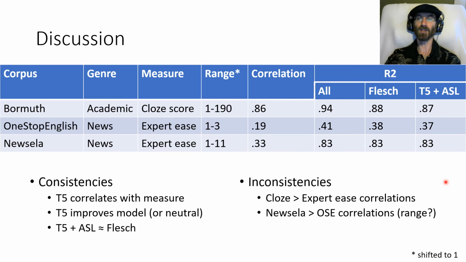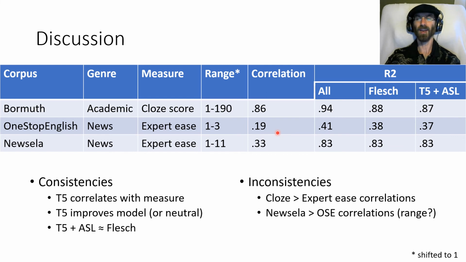But the inconsistencies that we're seeing here are that the Cloze score performance is generally better than the expert ease in terms of correlation. And we're also seeing that within the news and expert ease corpora, if you compare them to each other, Newsela has a higher correlation than One Stop English.